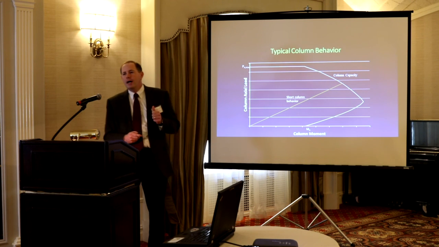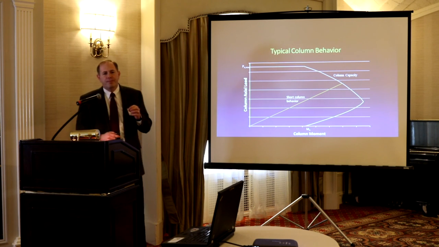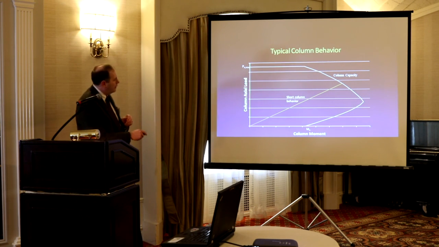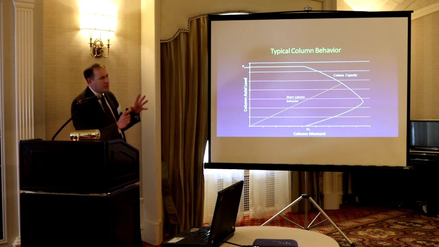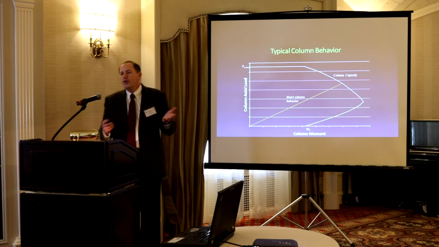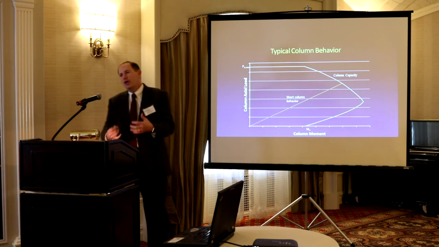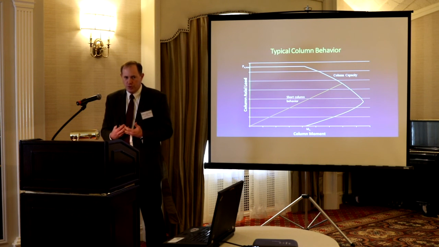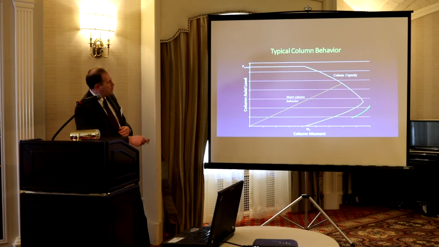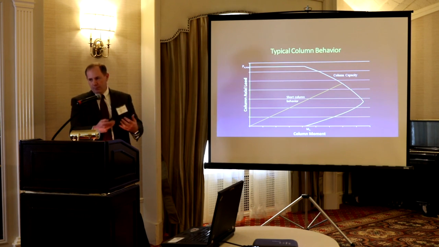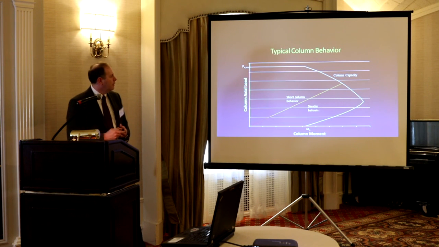If I have a short column, and I would load it up, I start here, zero load, and I start loading, and as I load, if I have some moment on there, it's going to linearly increase, and I get this straight line until I hit capacity. And that's what we teach in an introductory structural concrete class to students. I want to stay inside of this range because outside it will fail, inside I'm good.